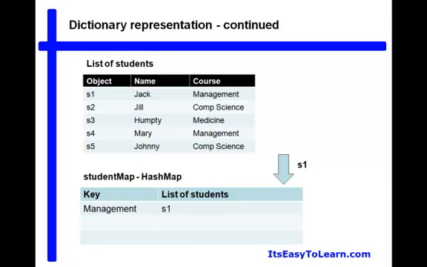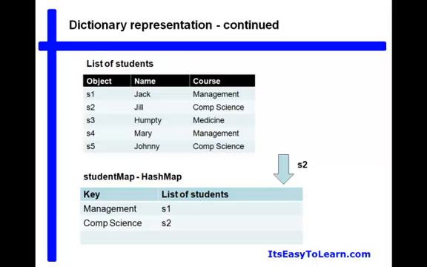We check if computer science belongs to this map. Is there a key called computer science? No. So we create a key computer science, and the value is again another list, and we just copy S2 here.